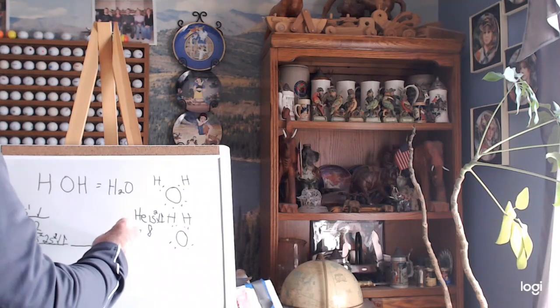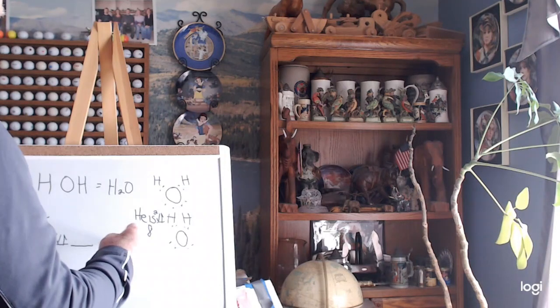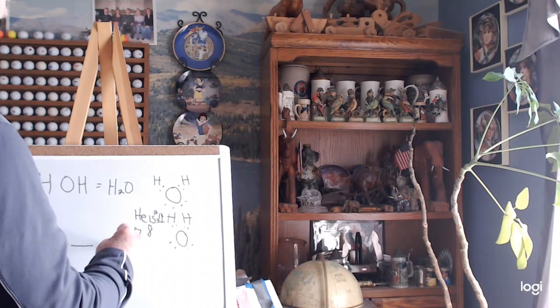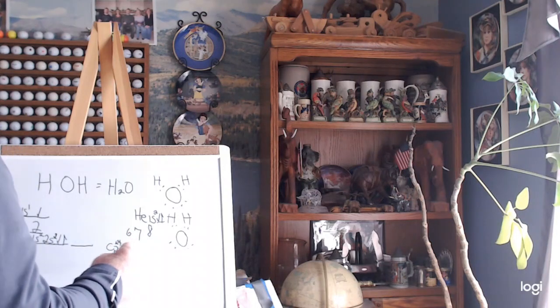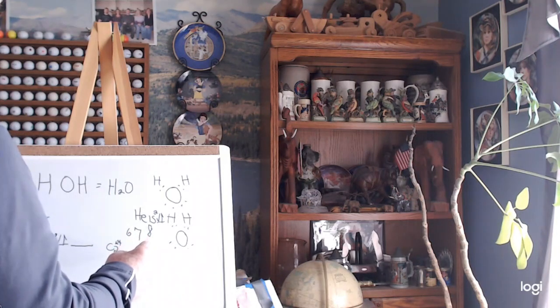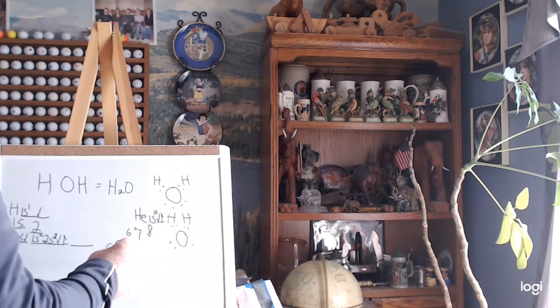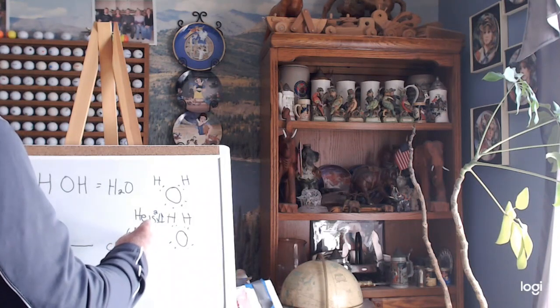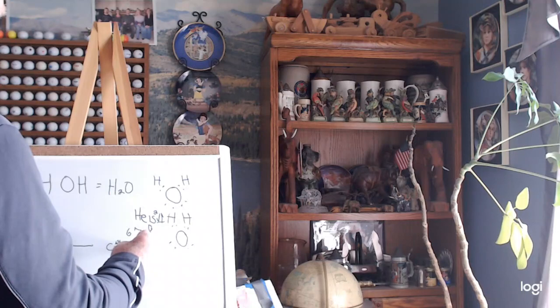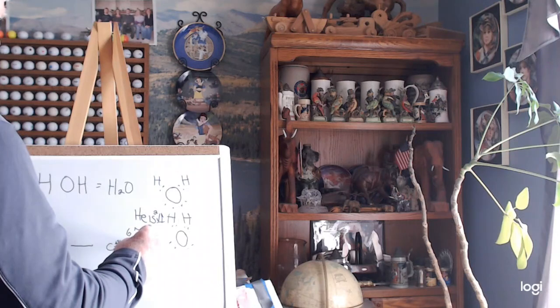With column 2, you would take a column 2 element, what the heck, let's use calcium. 2 plus, because it needs to give up 2 electrons to satisfy its scenario. Add it to something in the 7th column, which would be chlorine, which is a -1 charge.